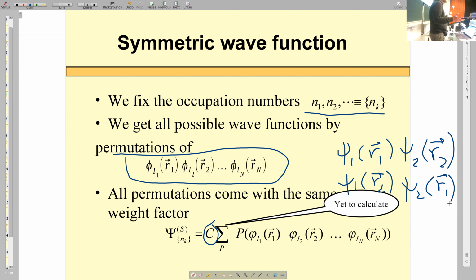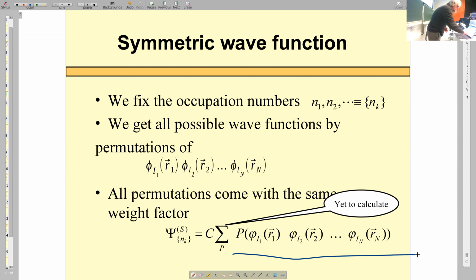So what do I have to do? I have to sum them up. In this way, I get a symmetric wave function, and it's a good one. It satisfies the symmetry postulate. What I wrote in this transparency is that one can do it for any number of particles, summing over all permutations.